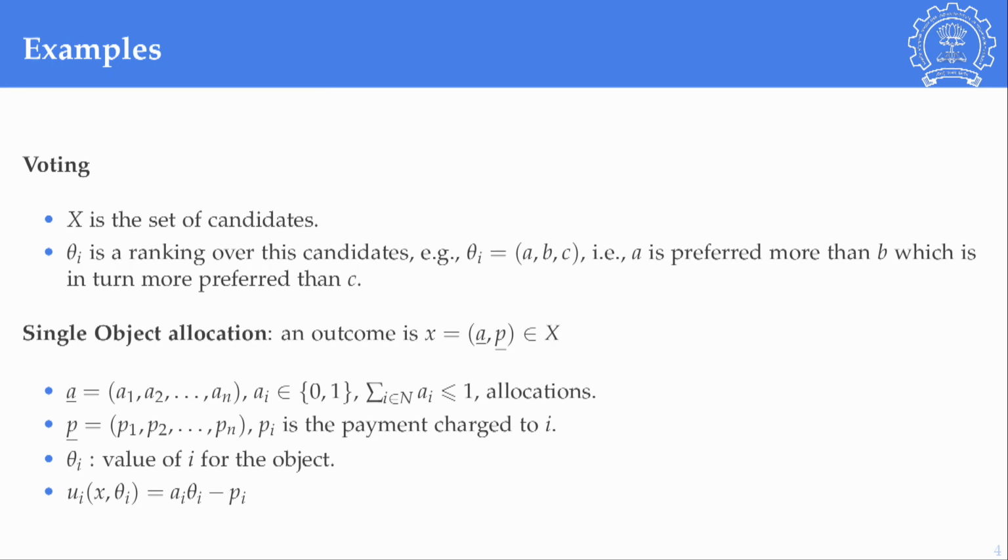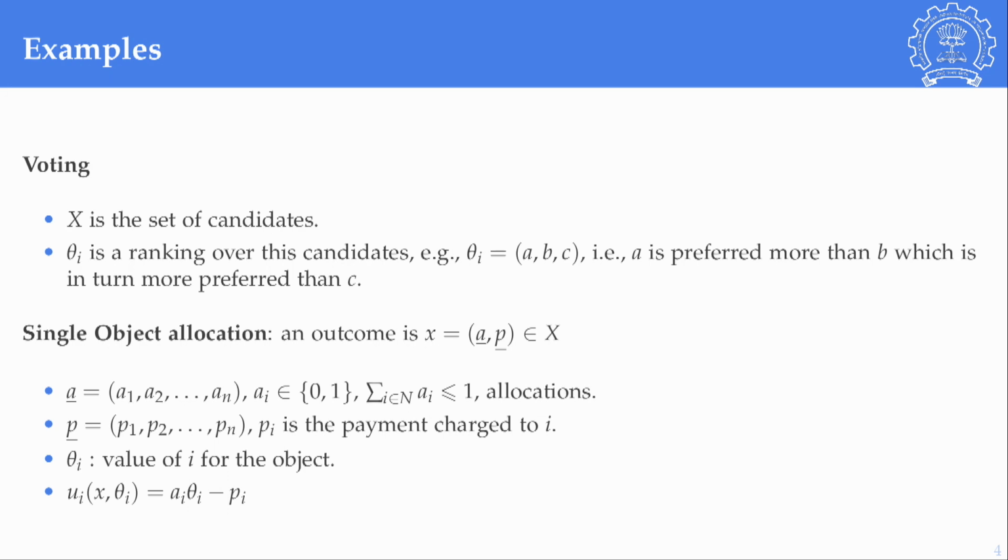If I did not win the object, my valuation is 0, minus the payment charged by this outcome. So if the value was 100 and you are paying 80, then your utility would be 20, and you can say that precisely in terms of real numbers. Unlike the ordinal setting, where we can just make ordinal comparisons, here I can say very quantitatively between one x and some other x prime.